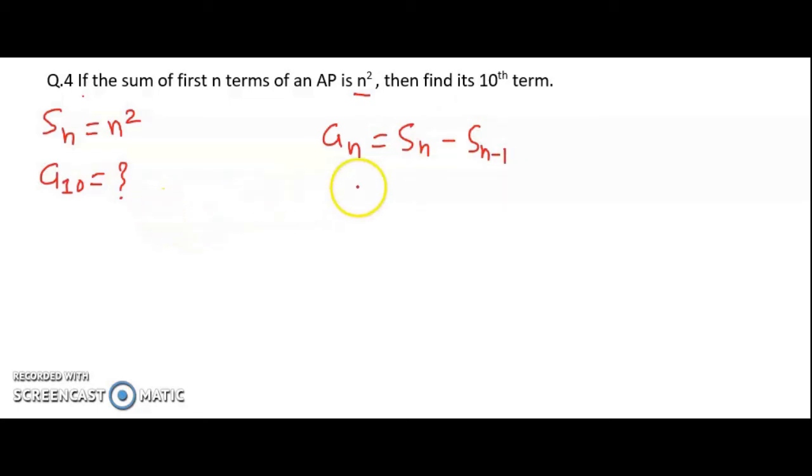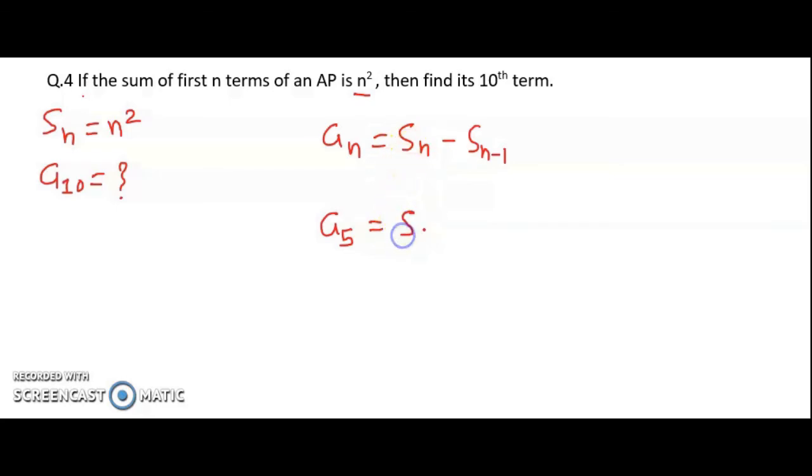First, let's understand this formula. An equal to Sn minus Sn minus 1. For example, if you are given any series and you want to find out, let's say, the 5th term of any series, then we can do it like this according to this formula.